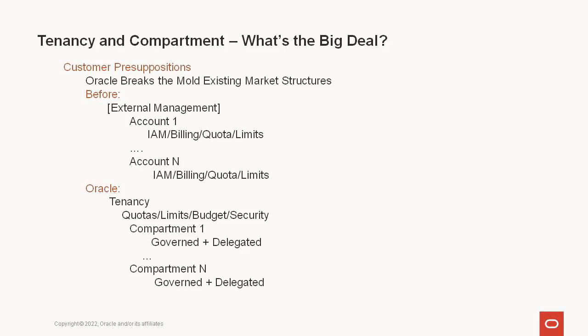You didn't have to have all these separate constructs in the cloud. So we created a tenancy, which is intended to cover an enterprise. There are exceptions where you can talk me out of having multiple tenancies, but in general, most enterprises can fall within a single tenancy. And then your compartments themselves are your dividing tool.